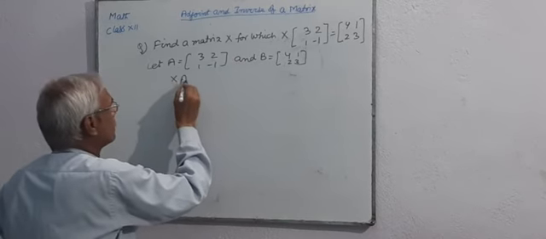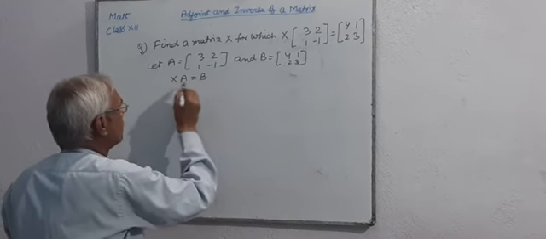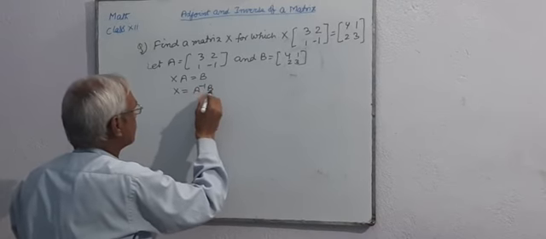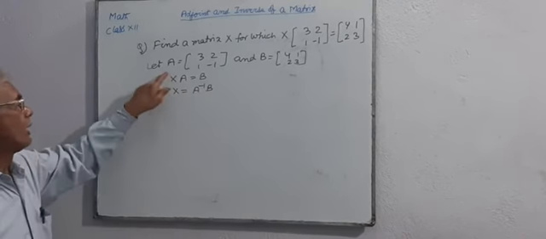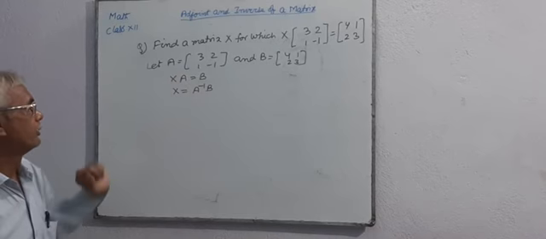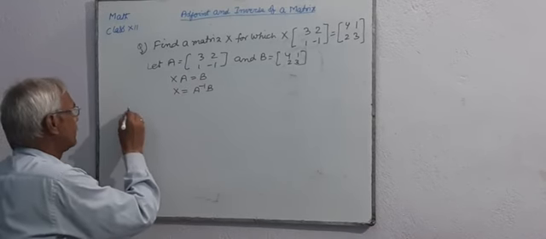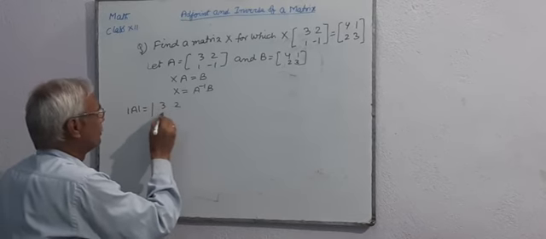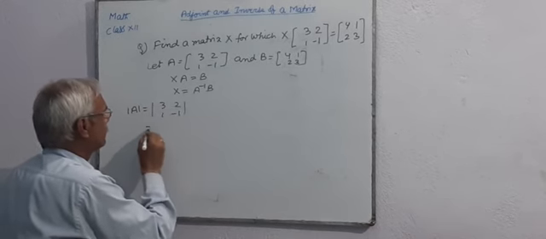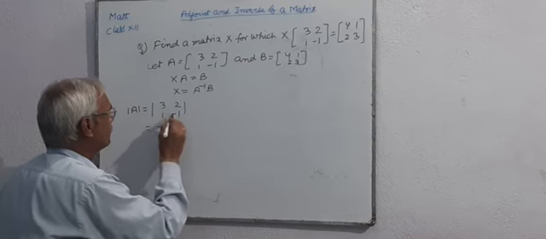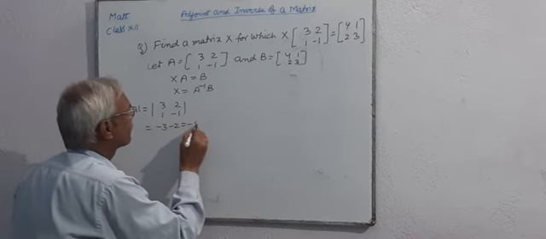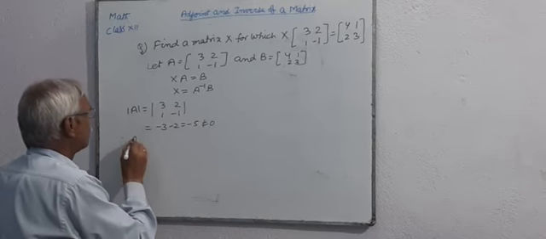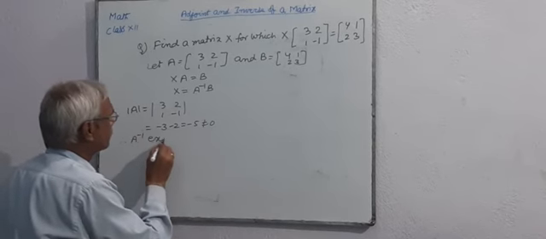XA = B, therefore X = B A inverse. First of all, find the inverse of matrix A. Determinant of A = minus 3 minus 2 = minus 5, not equal to 0. Therefore, A inverse exists.